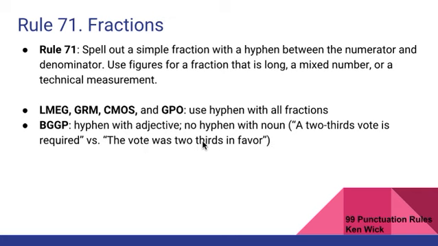So this is not an adjective, so it doesn't use it. In the BGGP it depends if it's an adjective or noun. The LMEG, GRM, CMOS, and GPO don't care. If it's a fraction, it uses a hyphen, meaning they would use a dash right here.